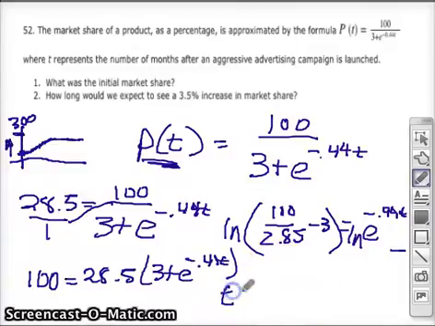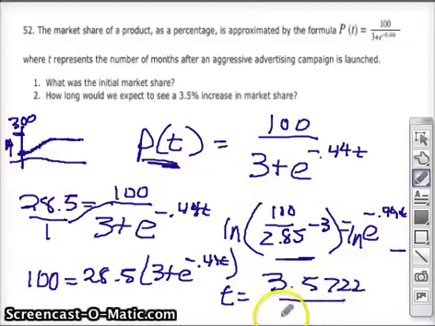So t is equal to, let's do the ln of this first, okay? So I take my calculator, I go 110 divided by 2.85, I hit equal, I subtract 3, 35.5, I do the ln of that answer, and I have 3.5722, and I got to divide that by negative 0.44.